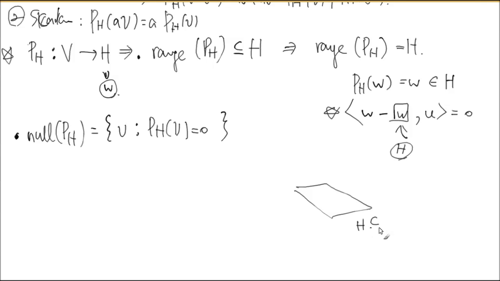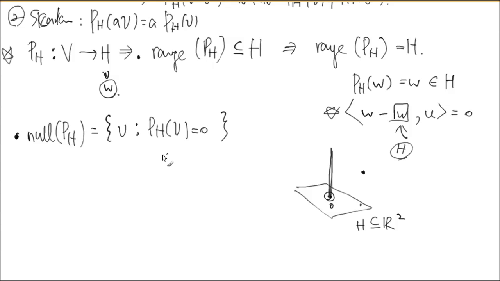This is H in R2, and here's the 0. Which element in here, when you project it, lands right here on 0? That's what this is, right? When you orthogonally project it, which one lands onto 0? Do you see that subspace? That's just this guy right there. So in this case, the null space of the orthogonal projection is that perpendicular line right up there.